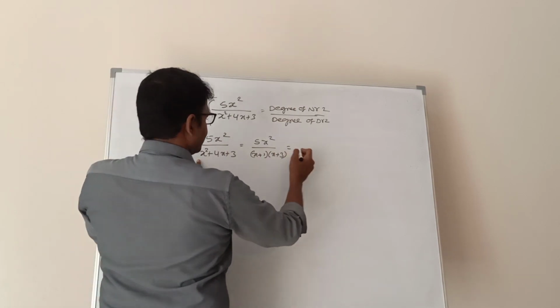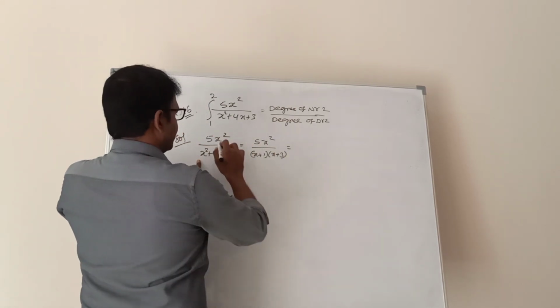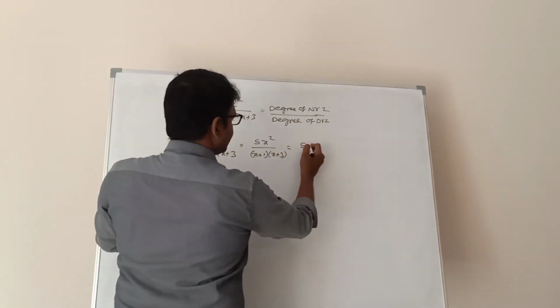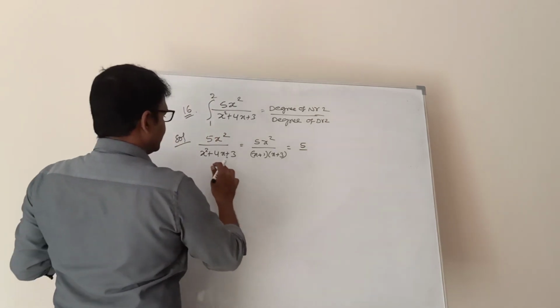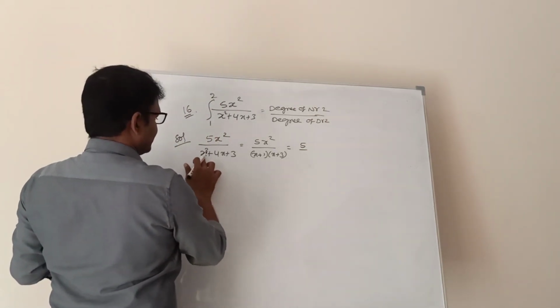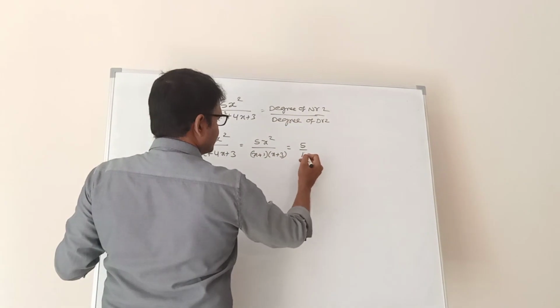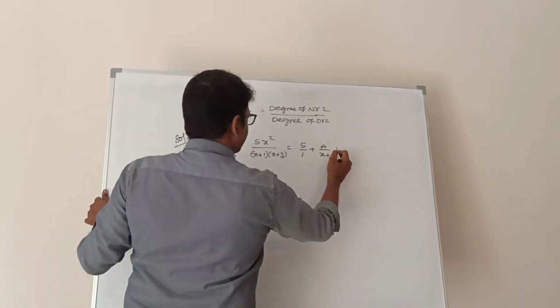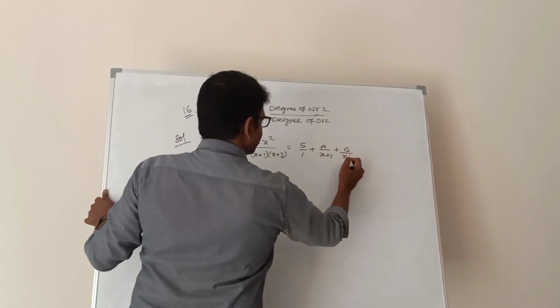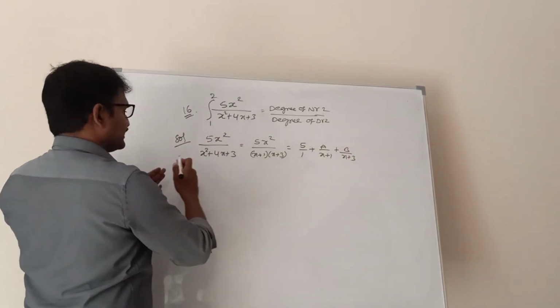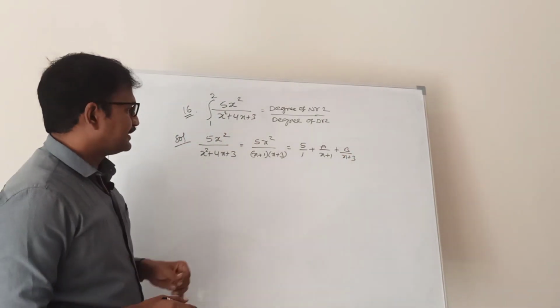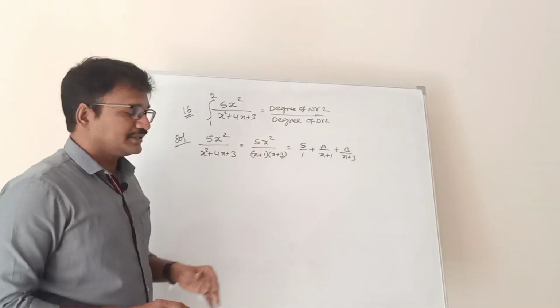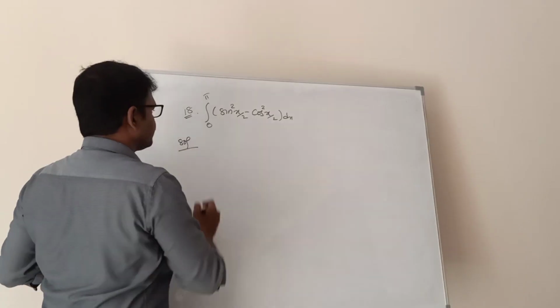The coefficient of the highest power of x in the numerator is 5, and in the denominator the x square coefficient is 1. So 5 by 1 plus a by x plus 1 plus b by x plus 3. Find the a value and b value, and find the integration of the given function.